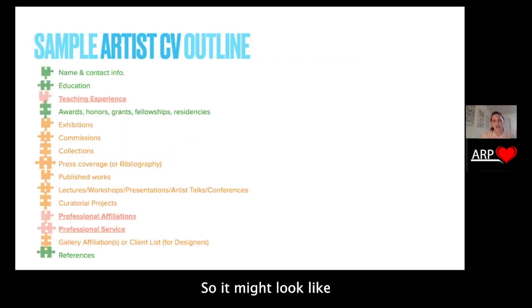A unicorn artist CV might look like this. You can see I've wedged in teaching experience there and professional affiliations and professional service down towards the end. Again, references and gallery affiliations: almost always references is last, and the gallery affiliations would go last if references is there, but the professional affiliations and service makes sense right before that.